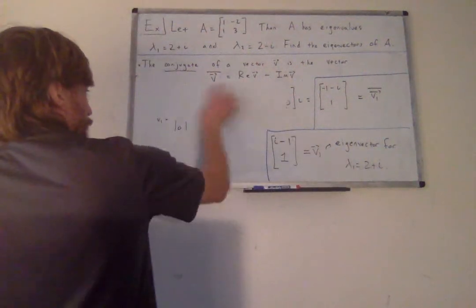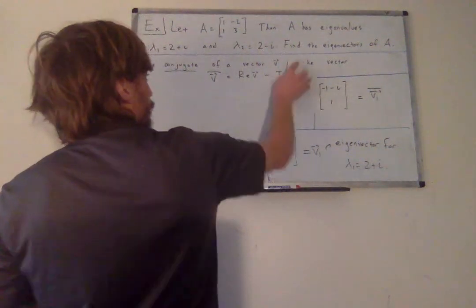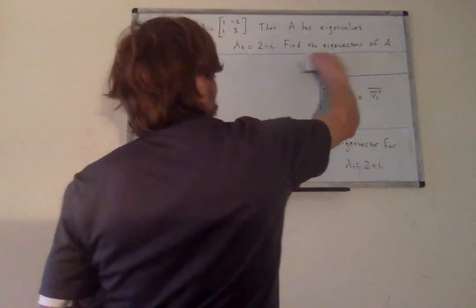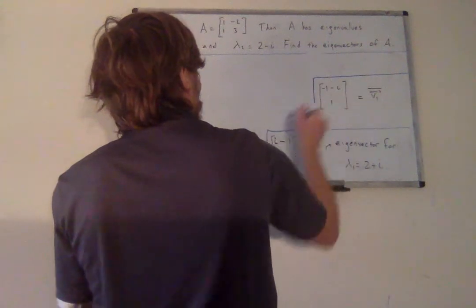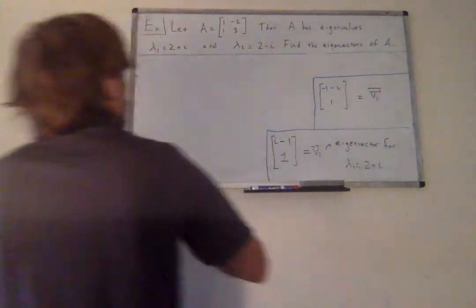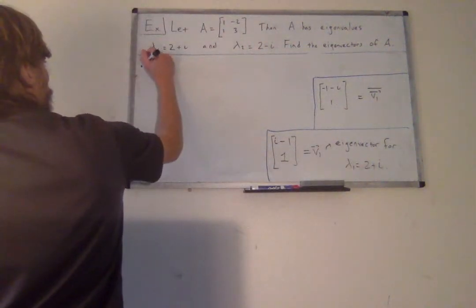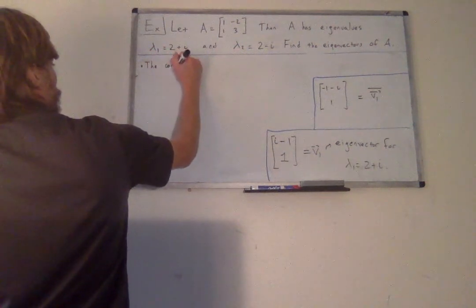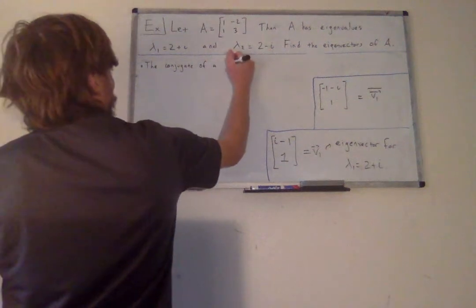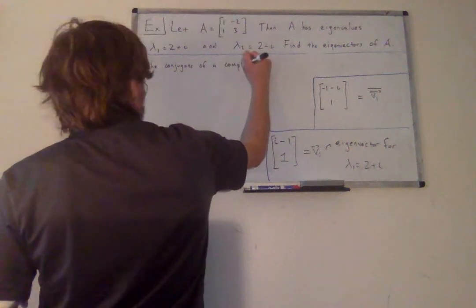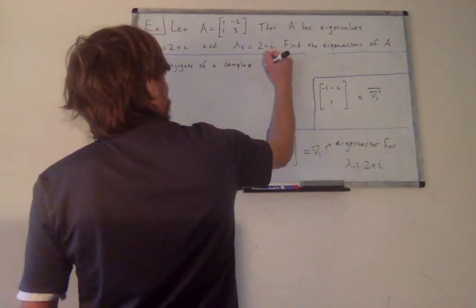So it turns out we can define the conjugate of a matrix much in the same way as well. So the conjugate of a matrix A, we'll say of a complex valued matrix, although this could be defined for any matrix.